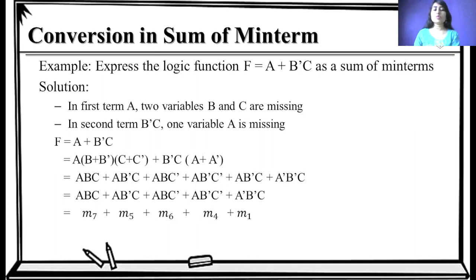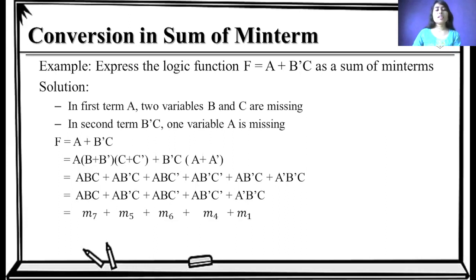A and B are both normal variables, that means they have a value of 1, 1, and C' means 0. So ABC' means 1, 1, 0, which equals 6. So we have this term as M6.